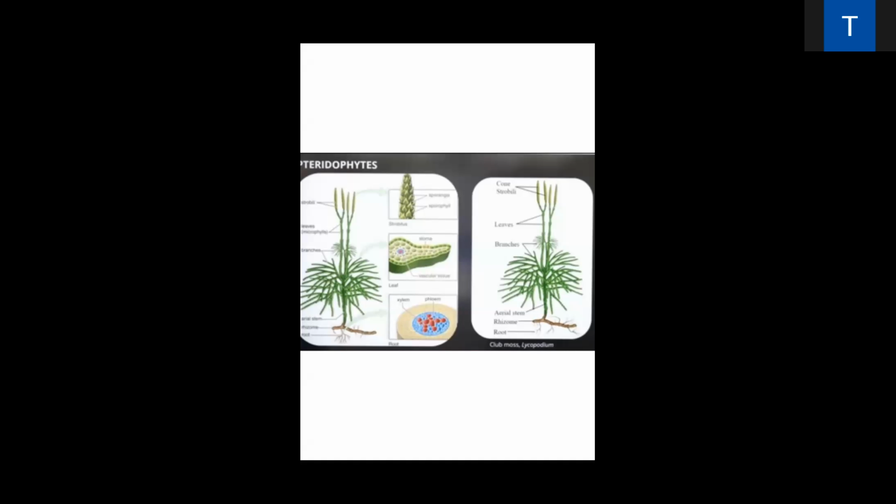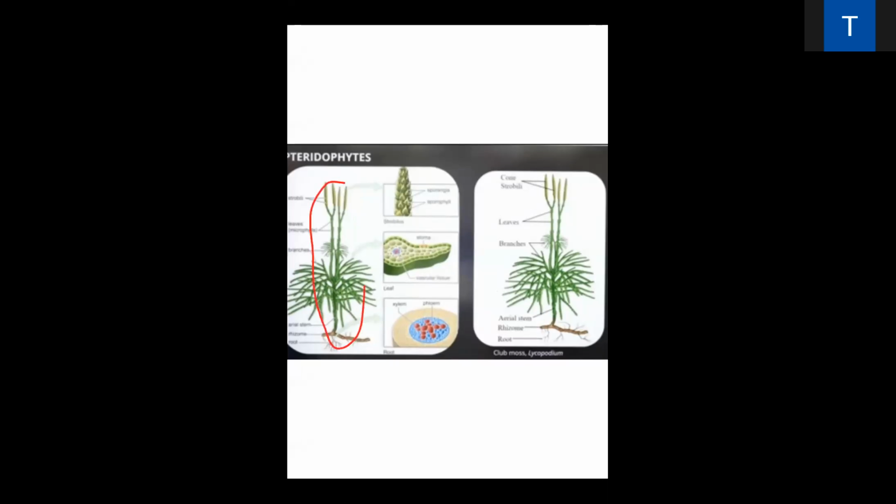Can you see the horizontal rhizome? Their growth is vertical, not horizontal like a thallus. They grow upward.